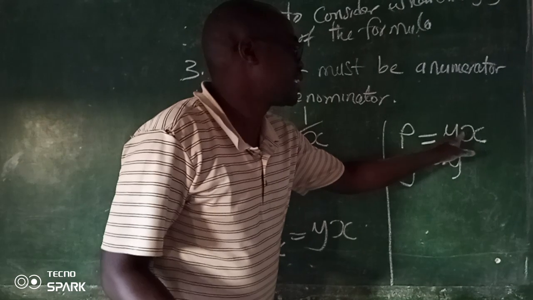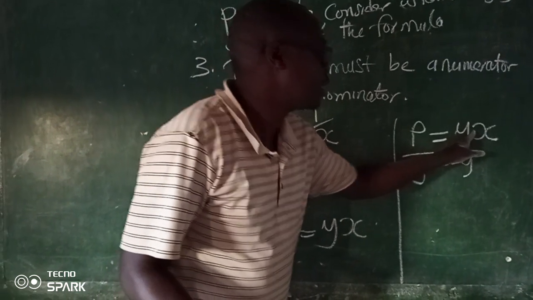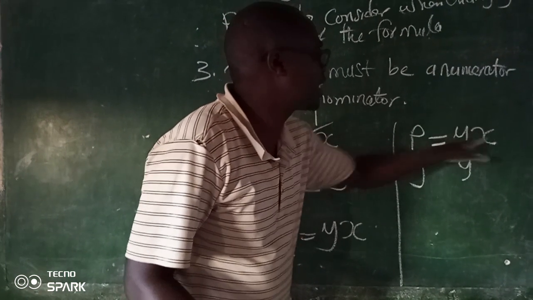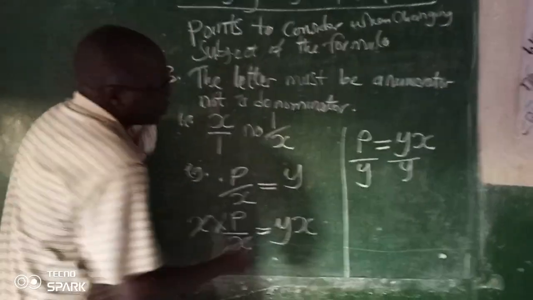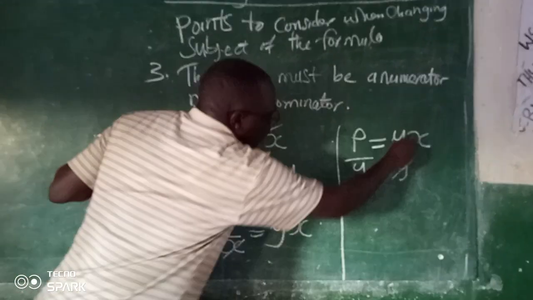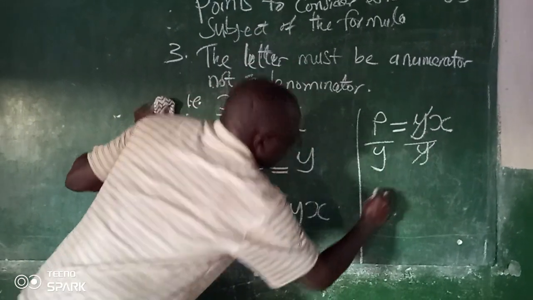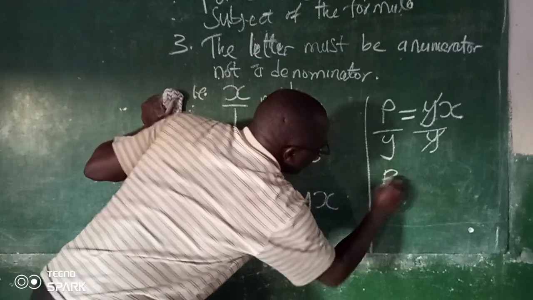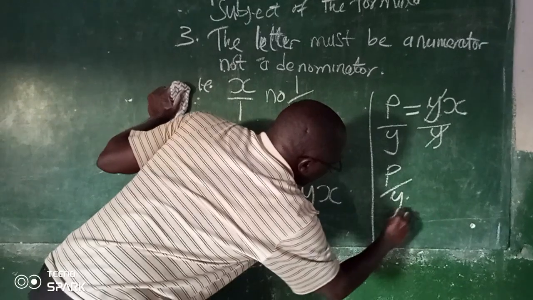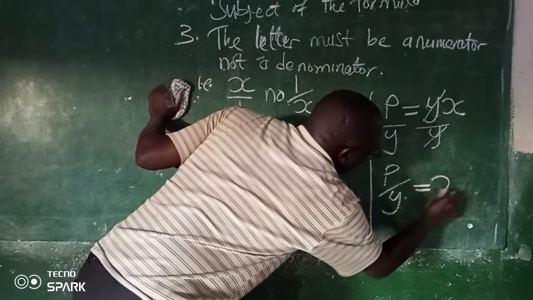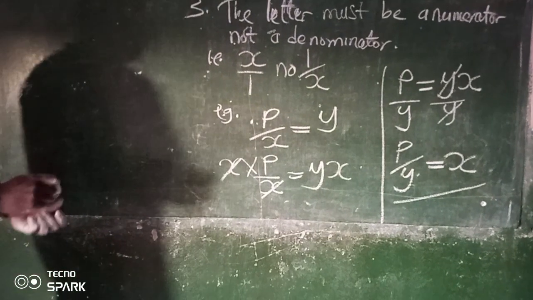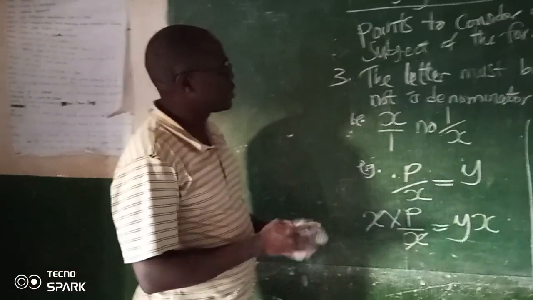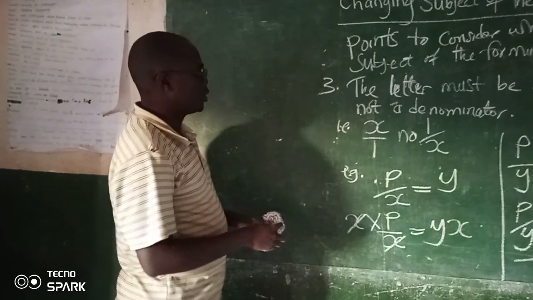Because there is a silent multiplication here. Since these two letters are multiplying, we divide. This Y will cancel out this Y. Then it will be P over Y is equal to X. This is your answer. Thank you for listening. Just keep in touch for more examples.